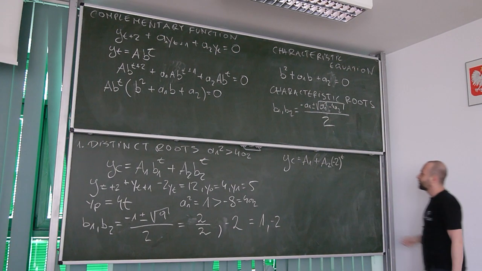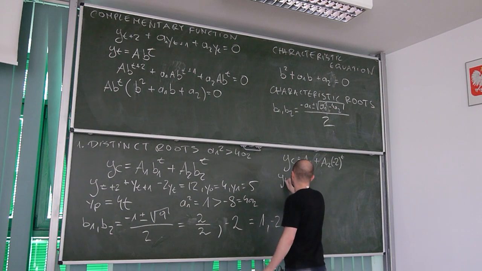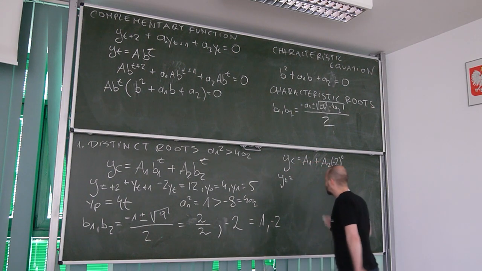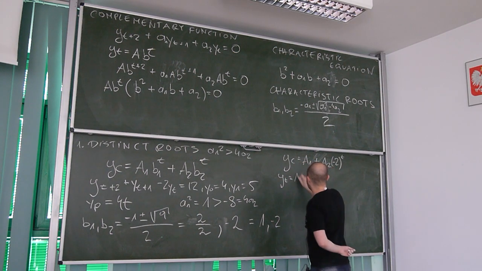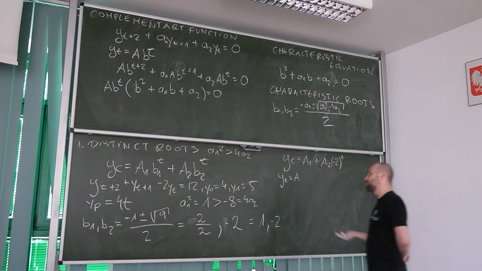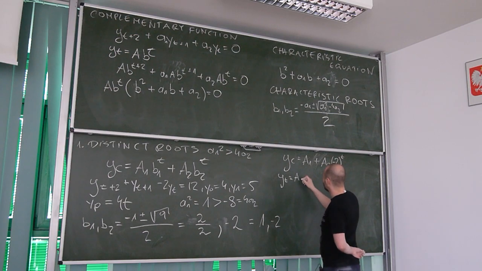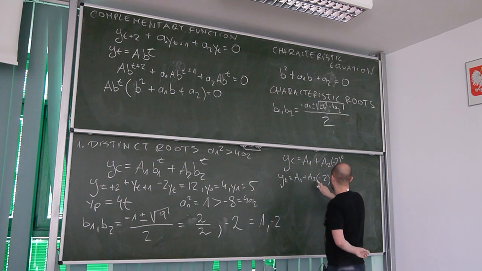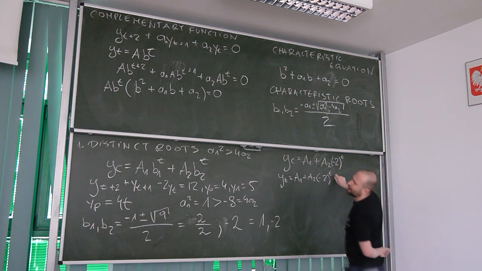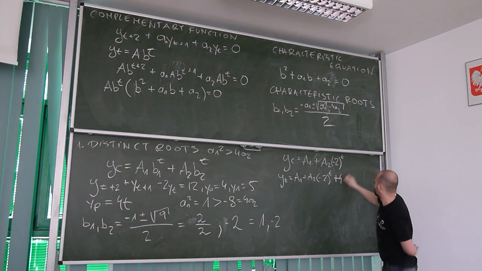Now, the full solution, the complete solution to the equation, but in general form, is then given by the sum of complementary function and particular solution. So it's a1 plus a2 times negative 2 to the power of t, plus 4t.